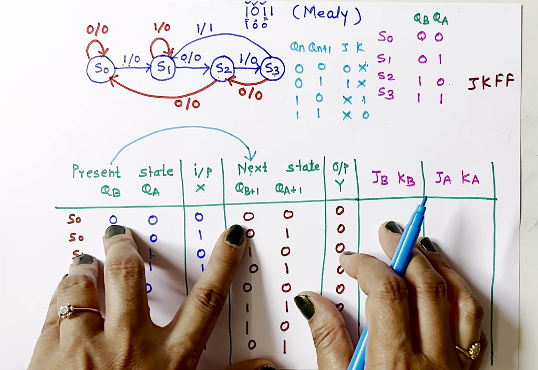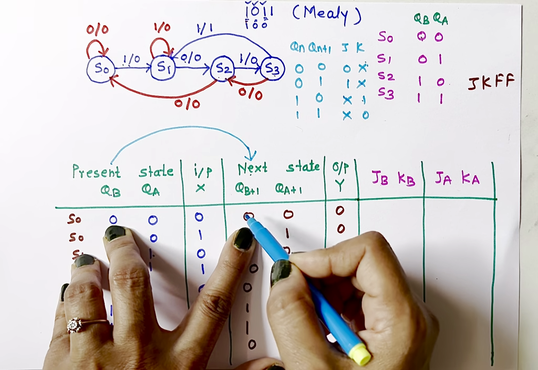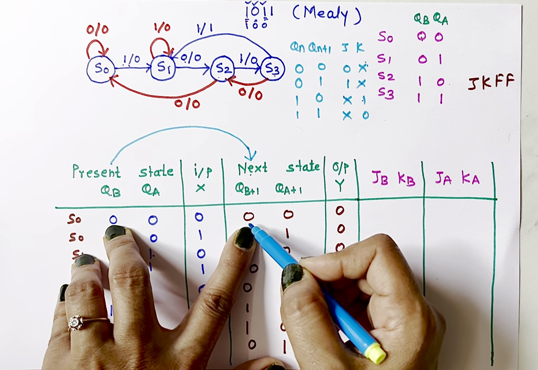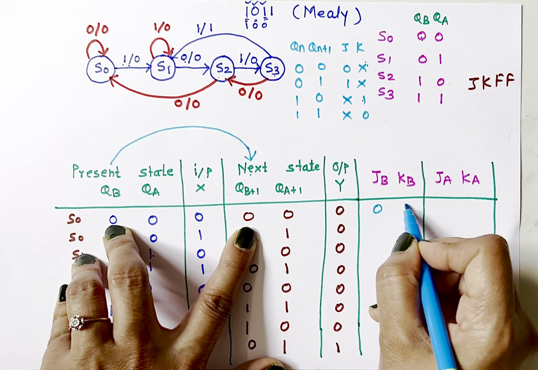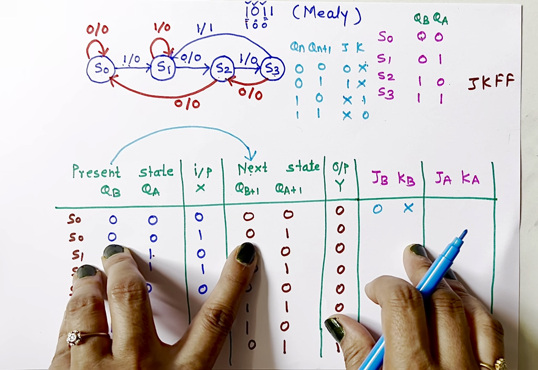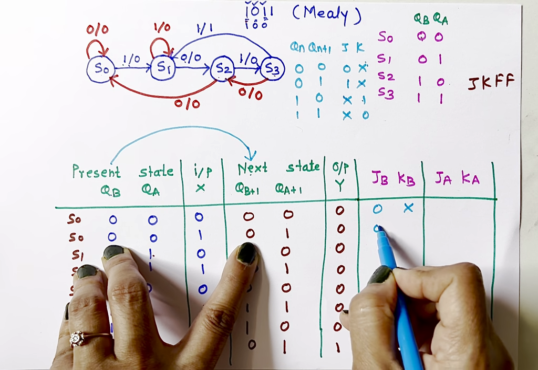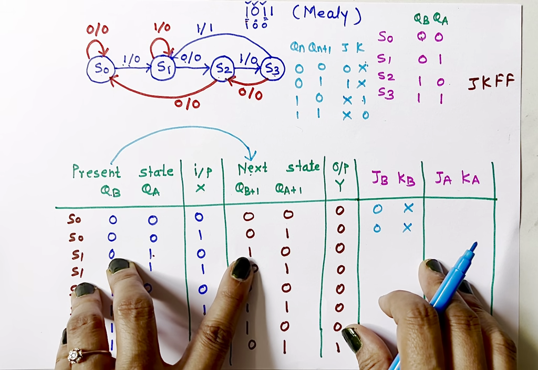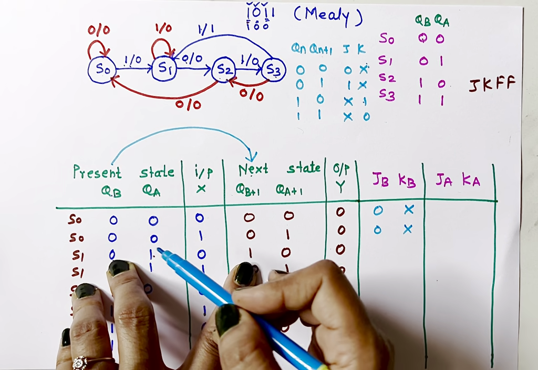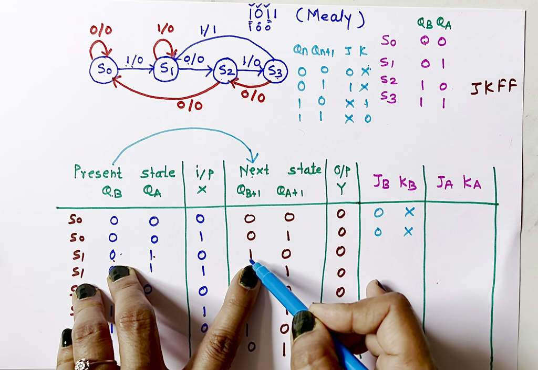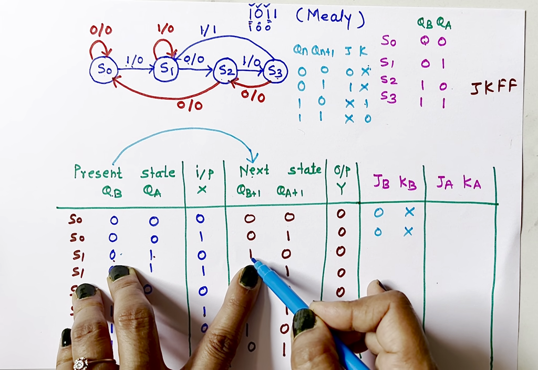So see here, 0, 0. QB is 0 and QB plus 1 is also 0. So for 0, 0, J 0, K don't care. Again 0, 0. So again 0, don't care. Next is 0, 1. See here what I am doing. I am simply comparing this present output with next output, QB with QB plus 1.